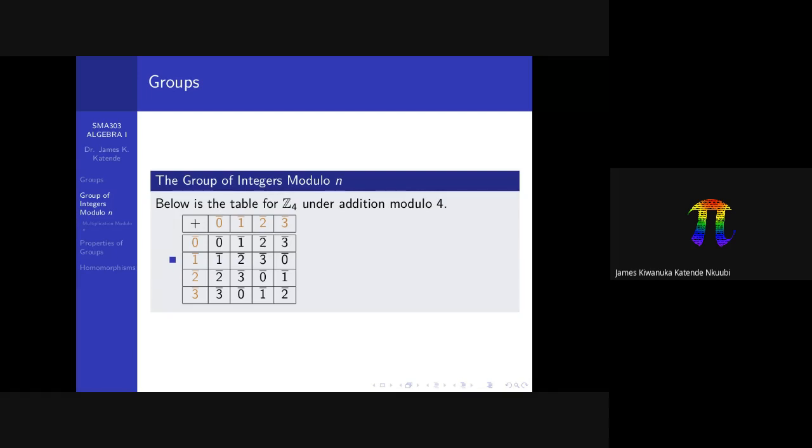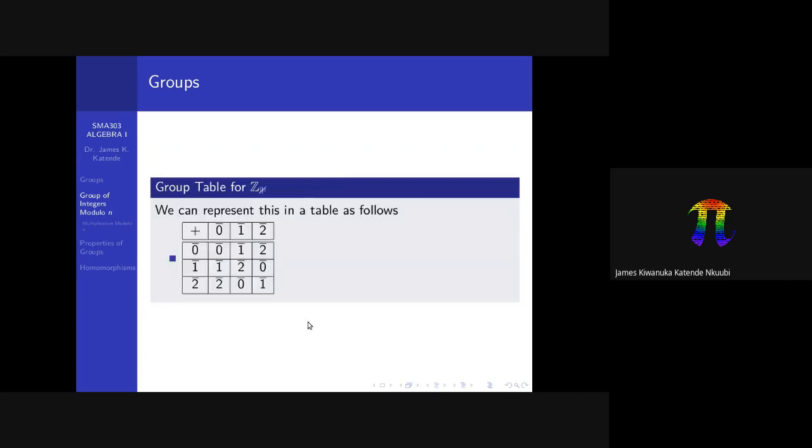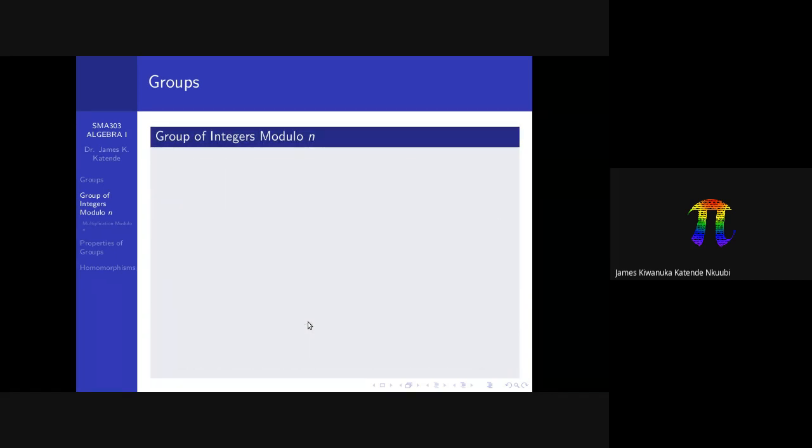So for each different value of n, you will have a different addition. You will not think of Z3 as a subset of Z4. Z3 is its own set. Z4 is its own set. Look at what Z4 is made up of, which looks very different from the elements in Z3.